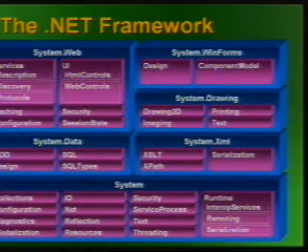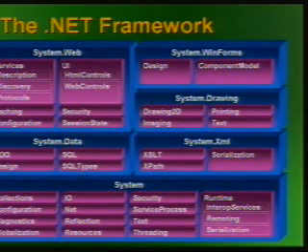The way you read this slide is the box that says System is the System namespace. And within that, we have Collections, Configuration, and so forth. And there's actually a direct mapping between these functional areas we've been talking about and the naming pattern that occurs in the framework. And this, of course, makes it very easy for you to find the code that applies to what it is you're building currently.